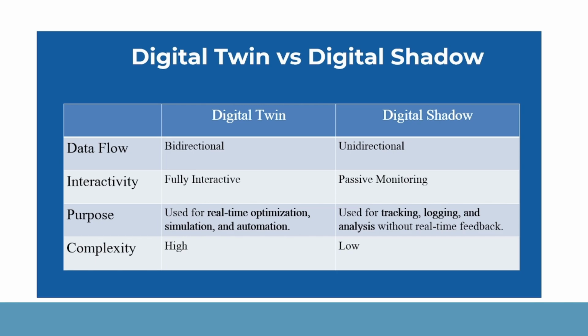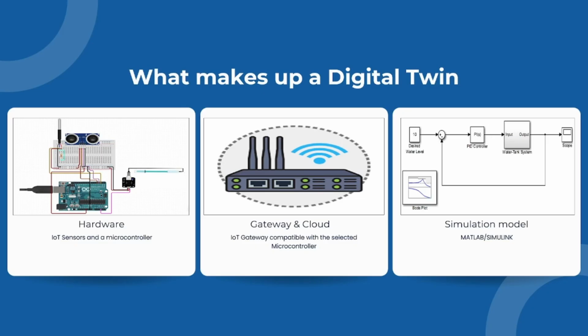Digital twins are used for real-time optimization, simulation, and automation, while digital shadows are used for tracking, logging, and analysis without real-time feedback. This makes digital twins more complex systems to design as compared to digital shadows.